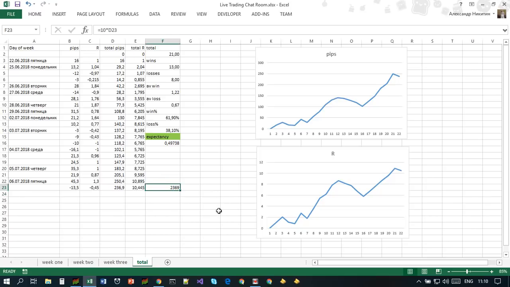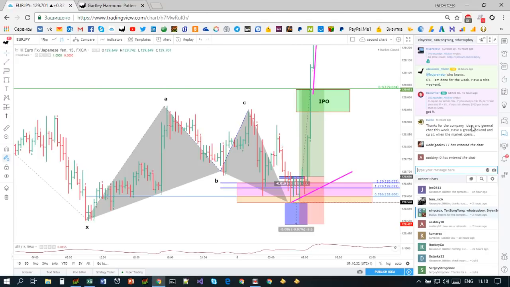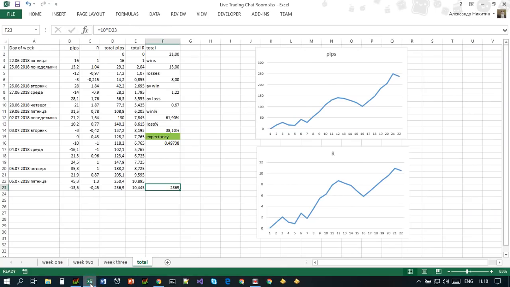So what you have generated is $2,369 if you traded all my ideas posted in this chat. And I remind you that this chat is free. So what it means, $2,300.